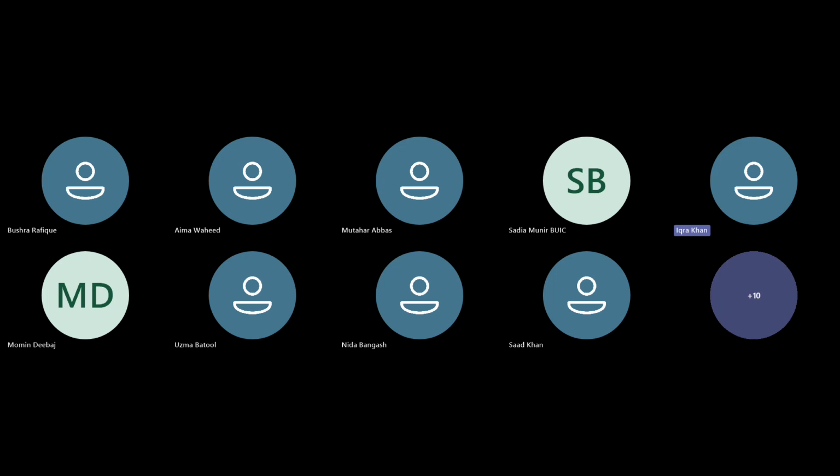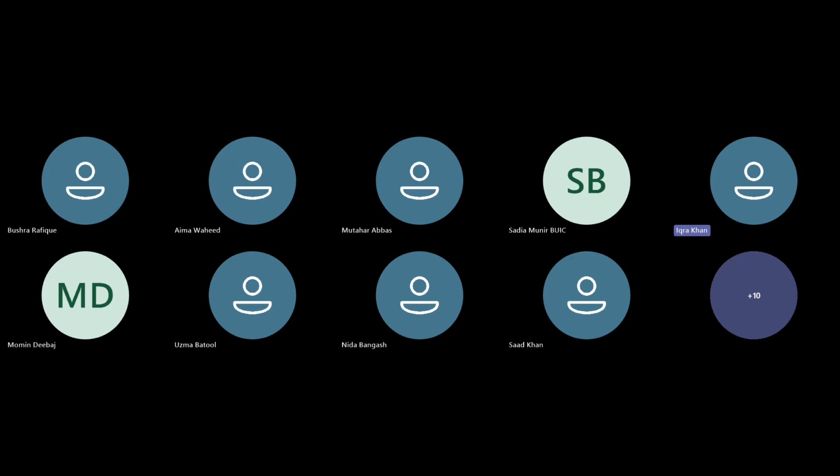In addition, candidates should prepare a few questions to ask the interviewer. For example, they may ask about career growth, opportunities, or workplace responsibilities. Finally, dressing professionally on the day of interview is equally important.